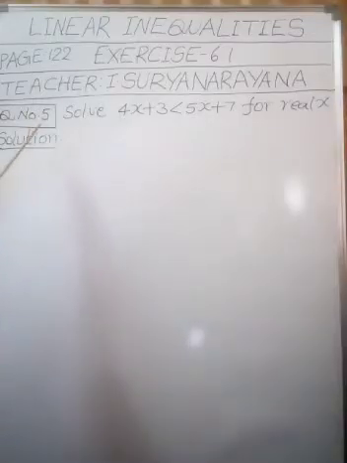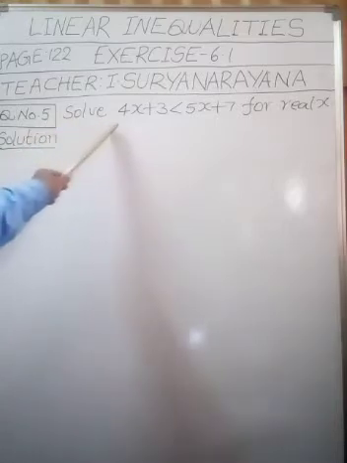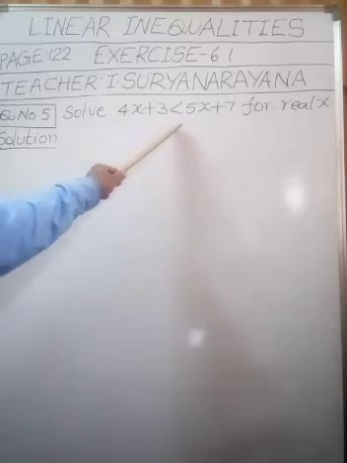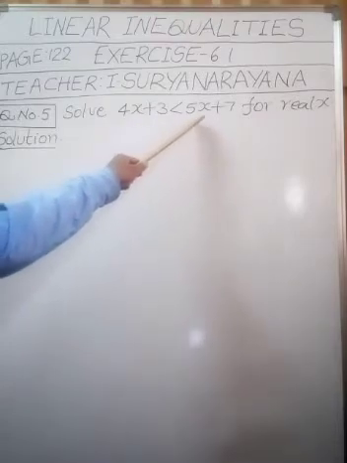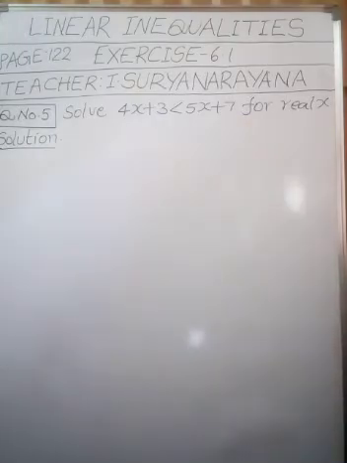Right. Now come to question number 5. Solve 4x plus 3 less than 5x plus 7 for real x. Okay, my dear children? Understood this question? Right. Now come to the solution part.